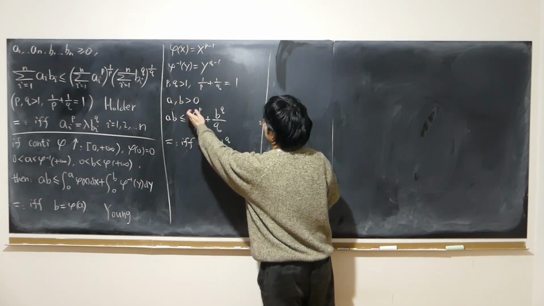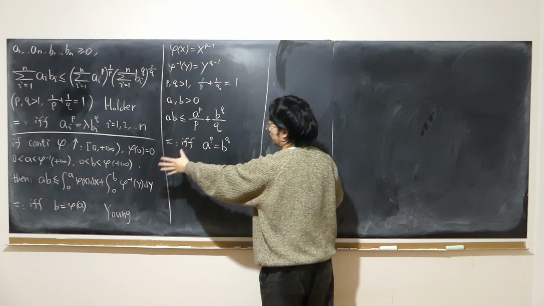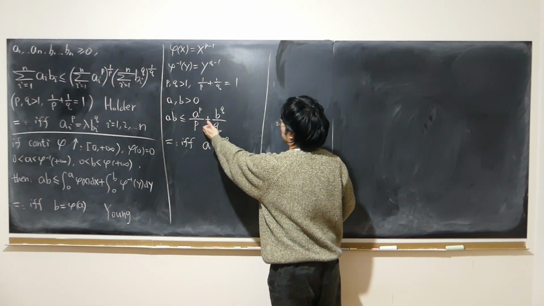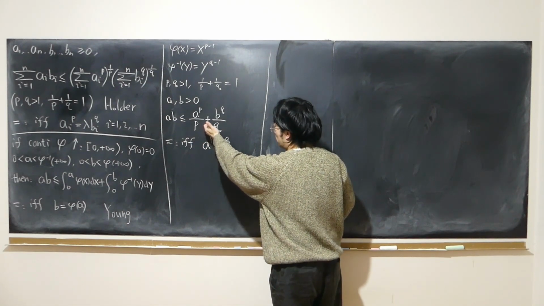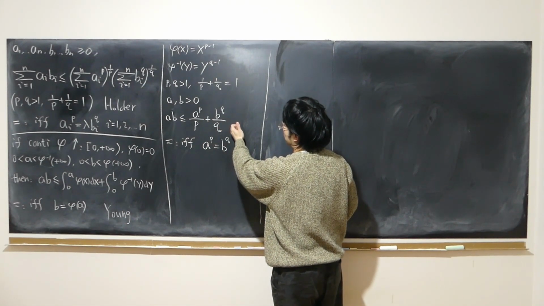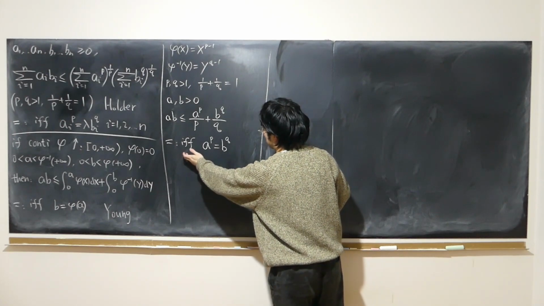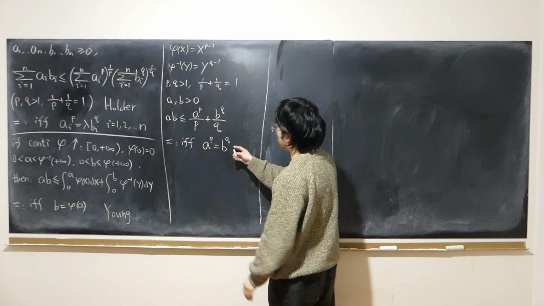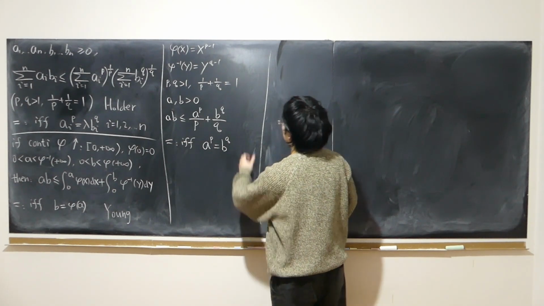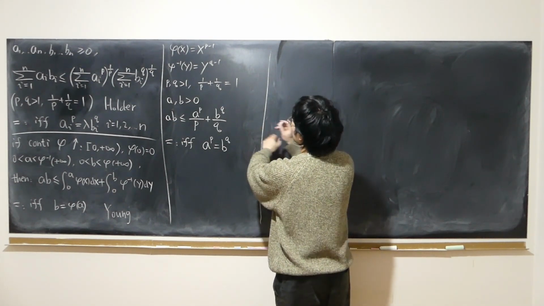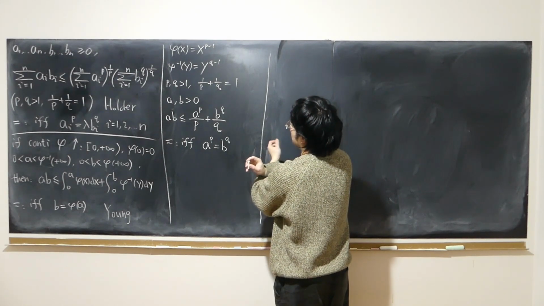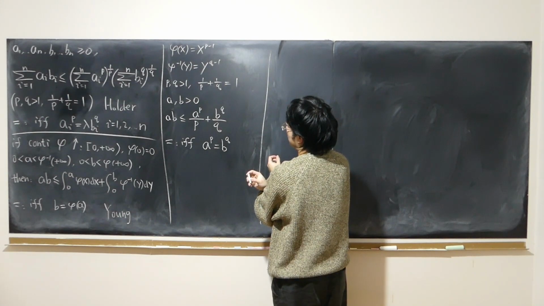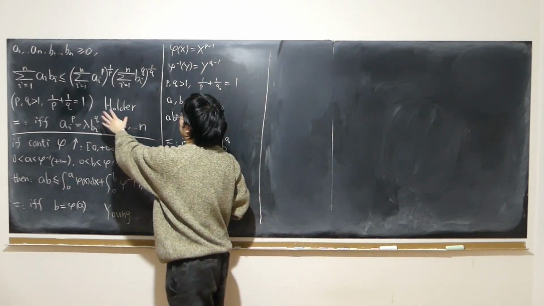And given that a and b are both positive, according to Young inequality, we have a times b is less than or equal to a to the power of p over p plus b to the power of q over q. Equal sign holds if and only if a to the power of p equals b to the power of q. So this is what we have so far. So I'm going to utilize this fact to prove the Holder inequality.